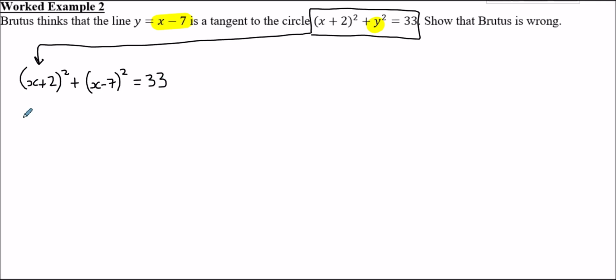So x plus 2 all squared, we get x squared plus 4x plus 4. This bracket, we're going to get x squared. X times minus 7 is minus 7x. Double that gives us minus 14x. Minus 7 all squared is positive 49. And that equals 33.